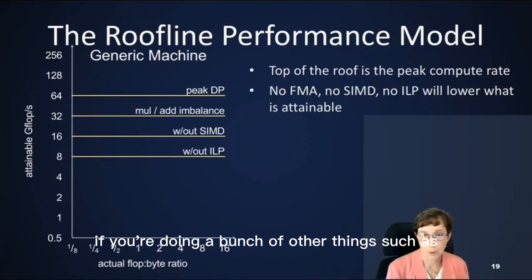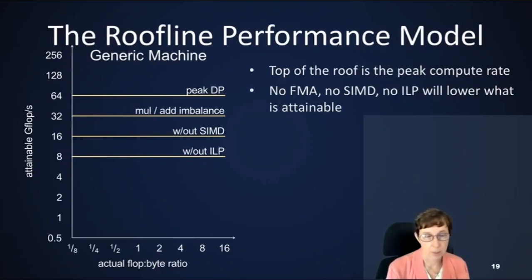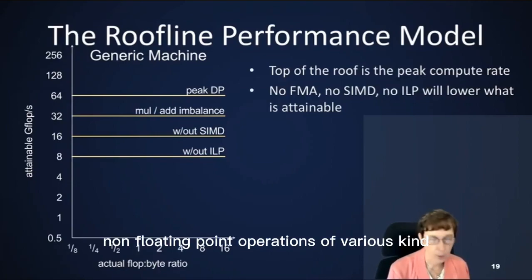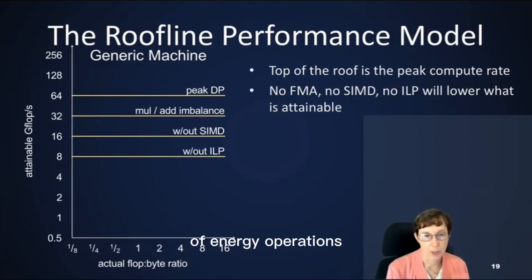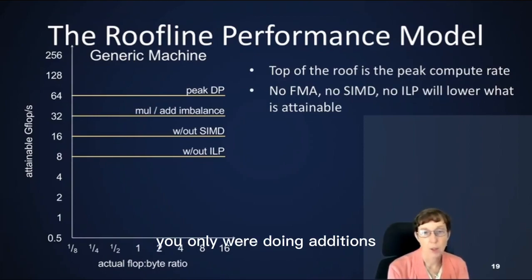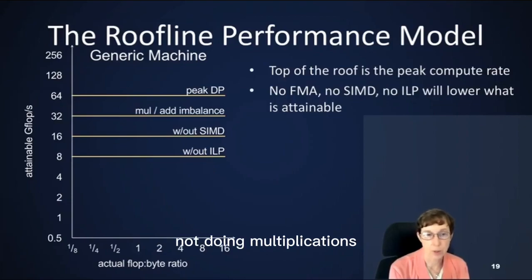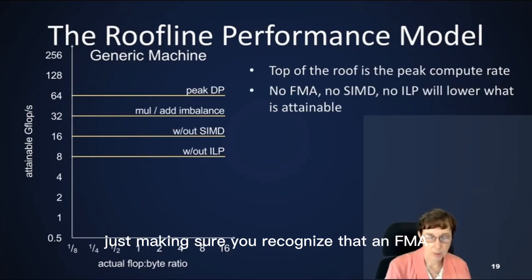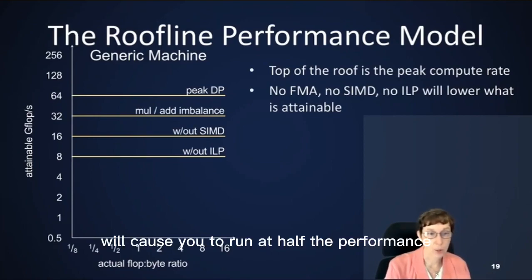If you're doing a bunch of other things, such as divisions or non-floating point operations of various kinds, integer operations that don't use the FMA, you're not going to be able to take advantage of it. In particular, in that question, you were only doing additions, not doing multiplications. And so it was just making sure you recognize that an FMA will cause you to run at half the performance.